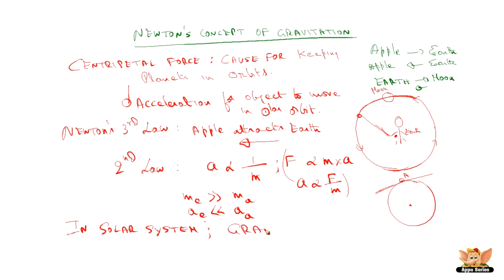So gravitational force is the force of attraction by the objects in the universe. Newton studied the orbits of the planets around the sun using this concept of gravitation force.